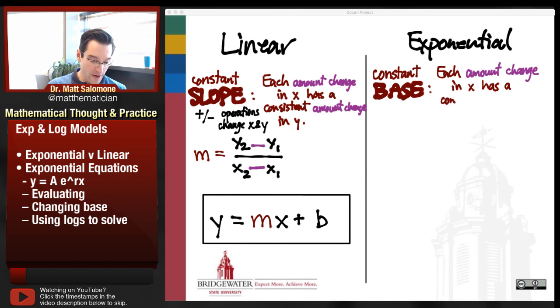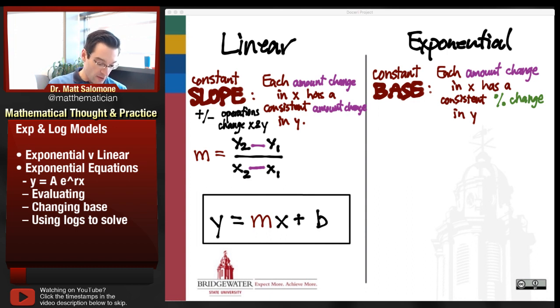The y variable has a consistent percent change. And that is what distinguishes exponential behavior from linear behavior.